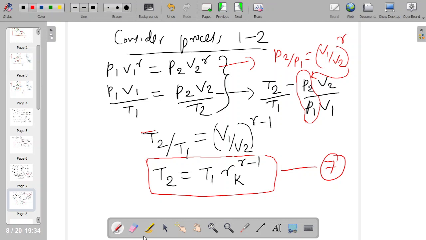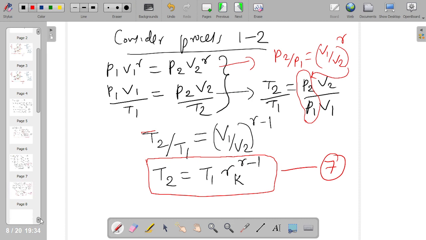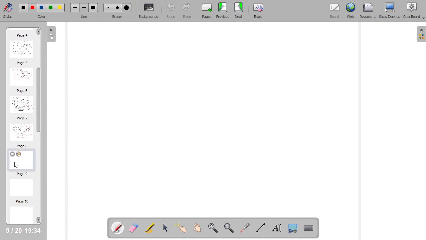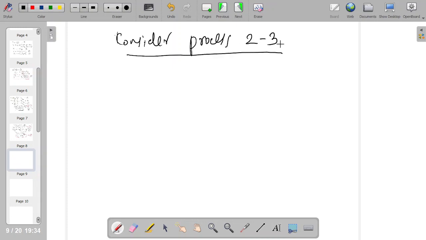Now we have to go for process 2 to 3. What are the two equations? Here it is not adiabatic, but you can write the ideal gas equation, which holds for the entire cycle.